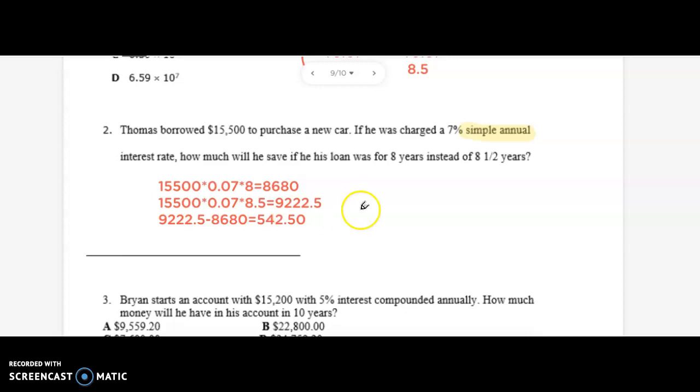Okay? So that's how we work that problem. All right? And I think I'll bring this down as well, so that that's right there by number 2. Okay? Moving on to number 3.